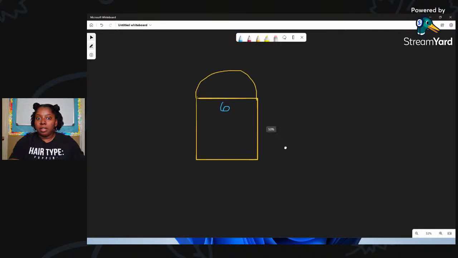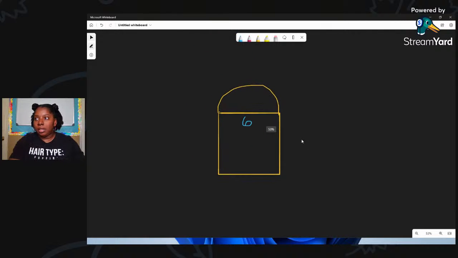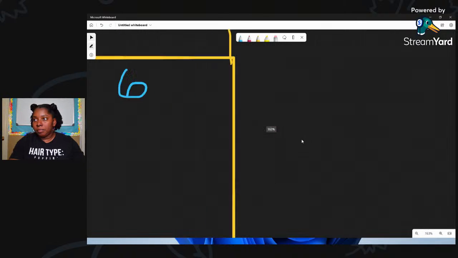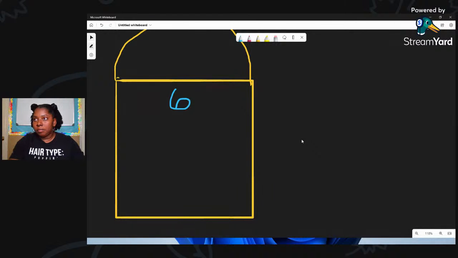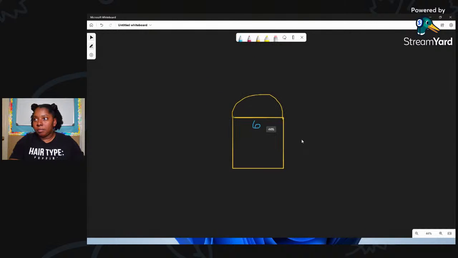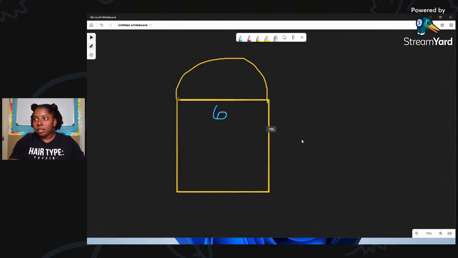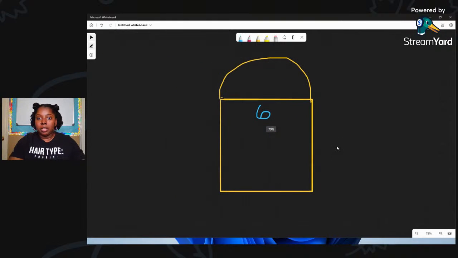Okay. Sorry, y'all. I'm trying to play around with this thing. All right, there we go. That's why it looks so tiny, because it was zoomed out. I didn't even realize it did that, y'all.